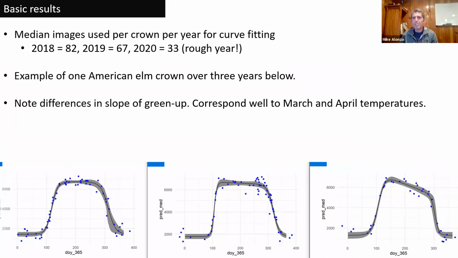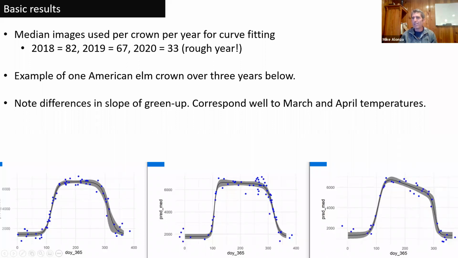So we turn the crank on some models, we extract a bunch of data from all of these tree crowns, and this is the basic thing that pops out. Down below here, we're looking at one tree, a single American elm over 3 years.